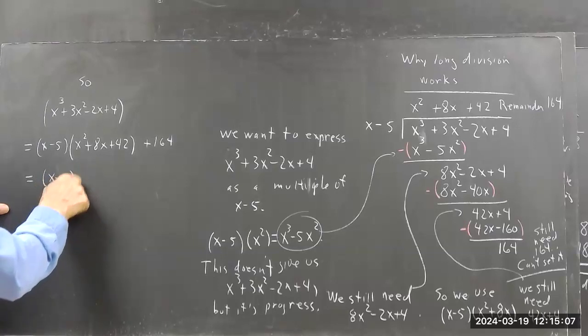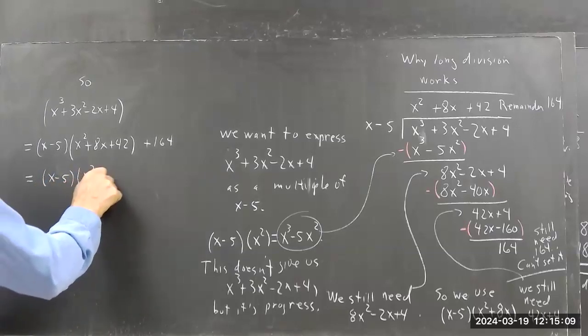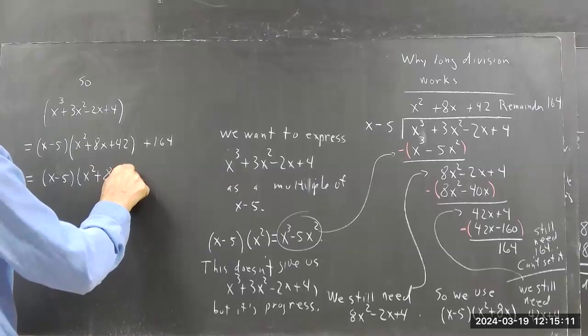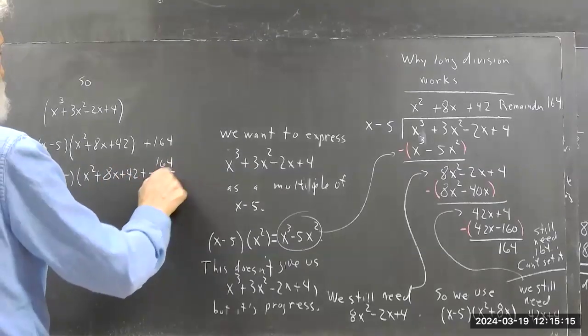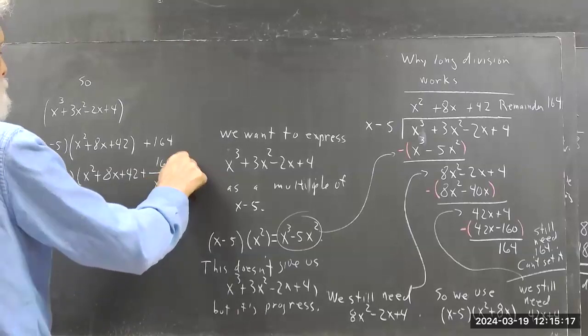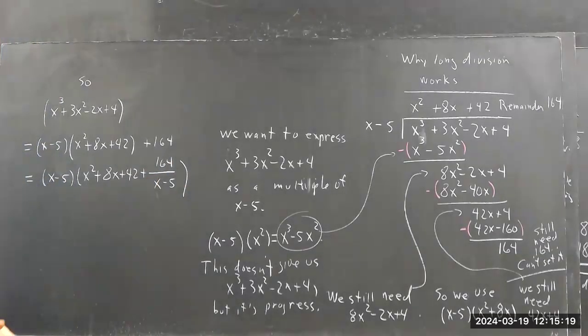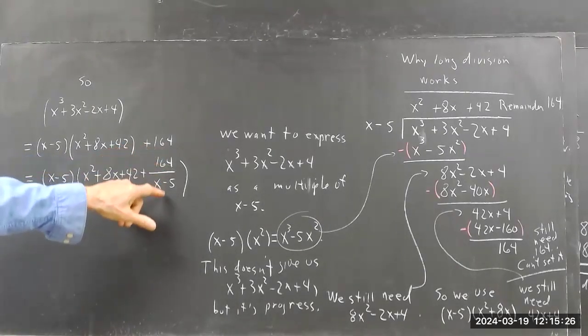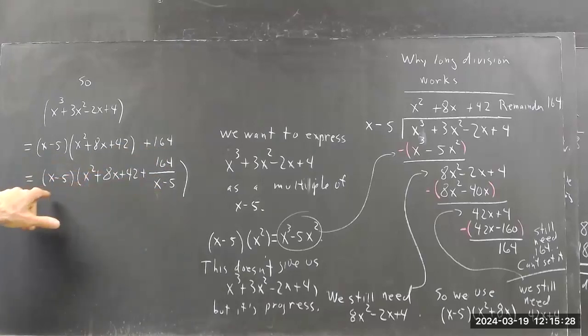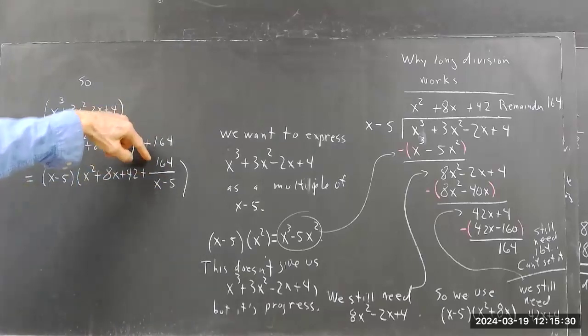And we can write this as this, because of course if we multiply through by x minus 5, multiply 164 over x minus 5 by x minus 5, we get that 164.